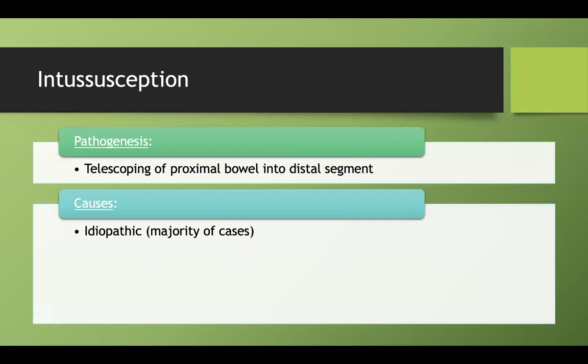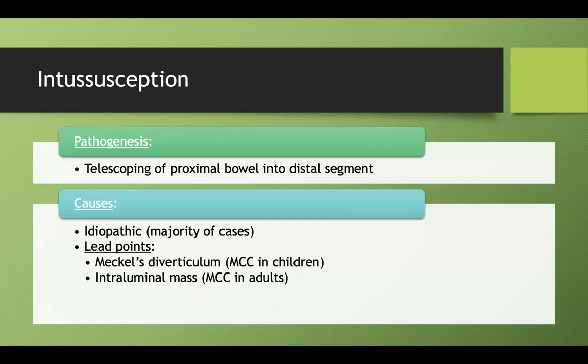Oftentimes, we don't know the cause of intussusception, but there are several conditions that act as lead points. The first being Meckel's diverticulum that we discussed earlier. You can also have a mass that can cause intussusception, and if you ever see intussusception in an adult, you should assume there's some sort of mass there, whether it's cancer or polyp or what have you.